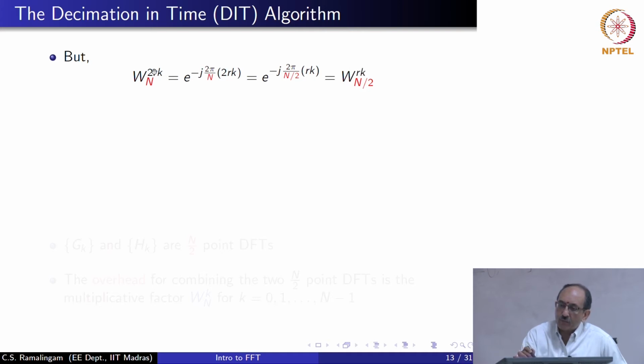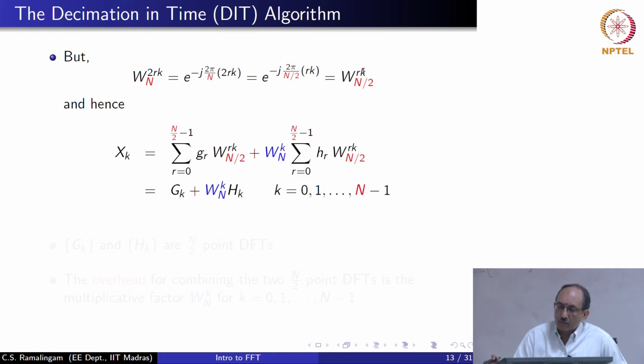So, W suffix n power 2rk is nothing but W suffix n by 2 power rk. Once you realize this, then the first term is nothing but the n by 2 point DFT of g, and the second term is nothing but the n by 2 point DFT of the sequence h.